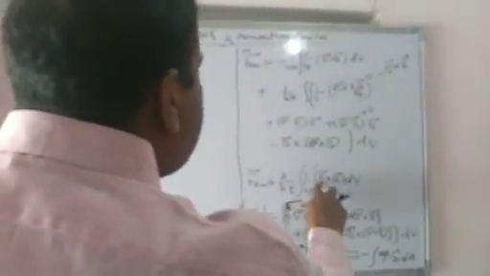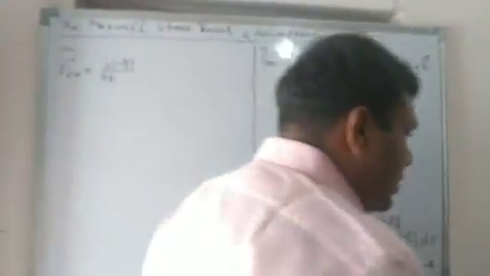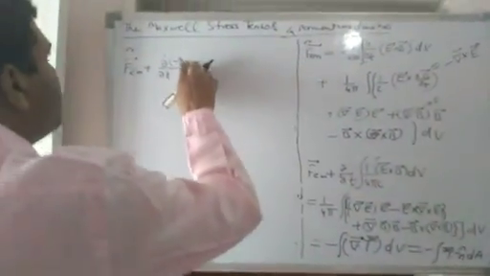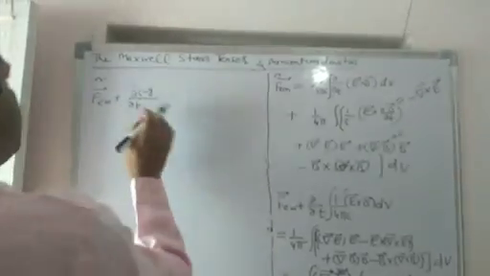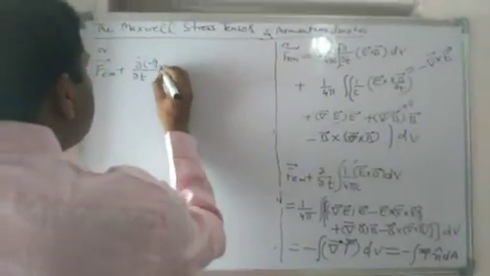Okay, and because you have over here E cross B, so this should be sort of G matter.